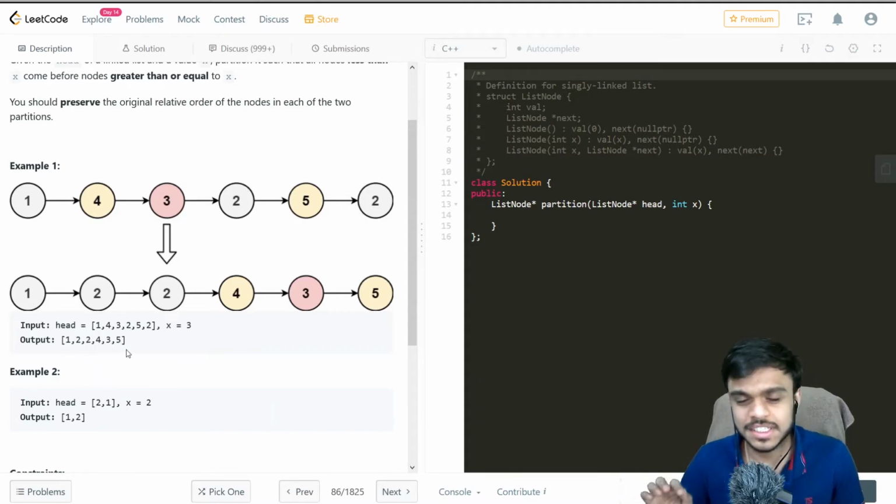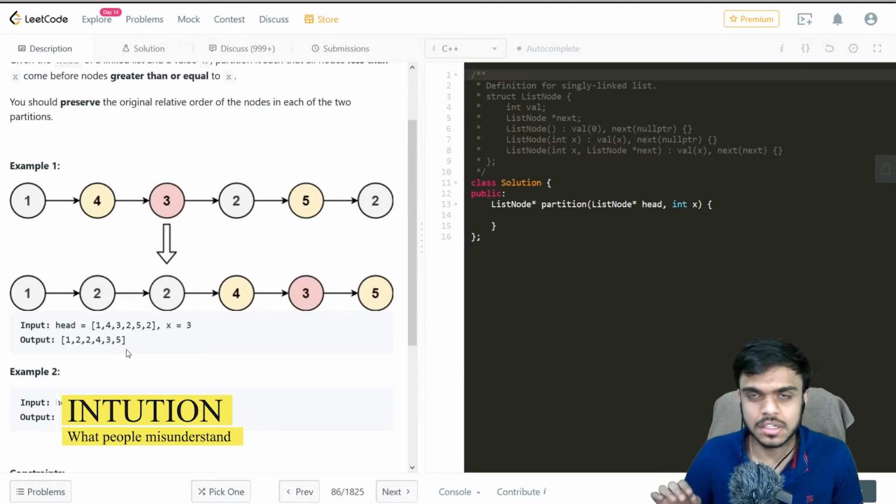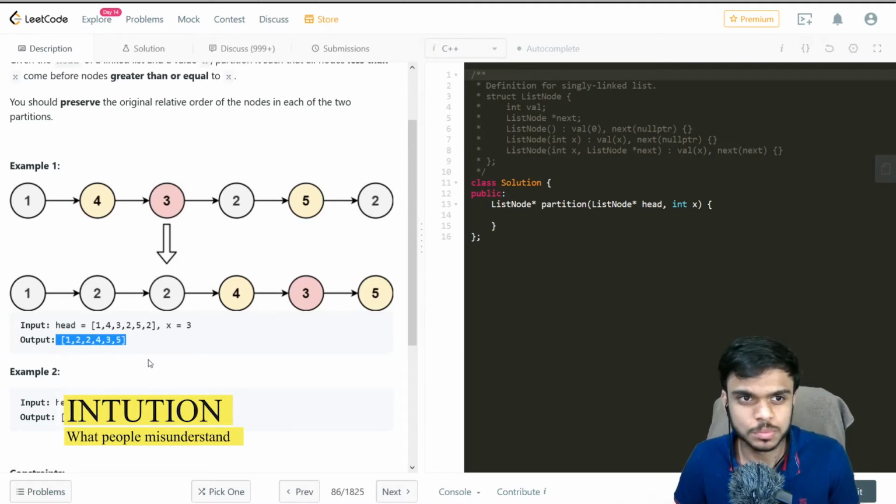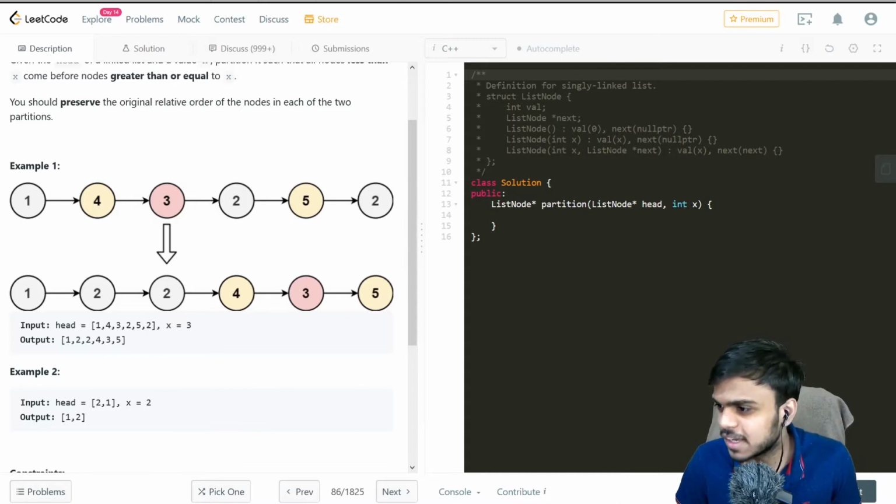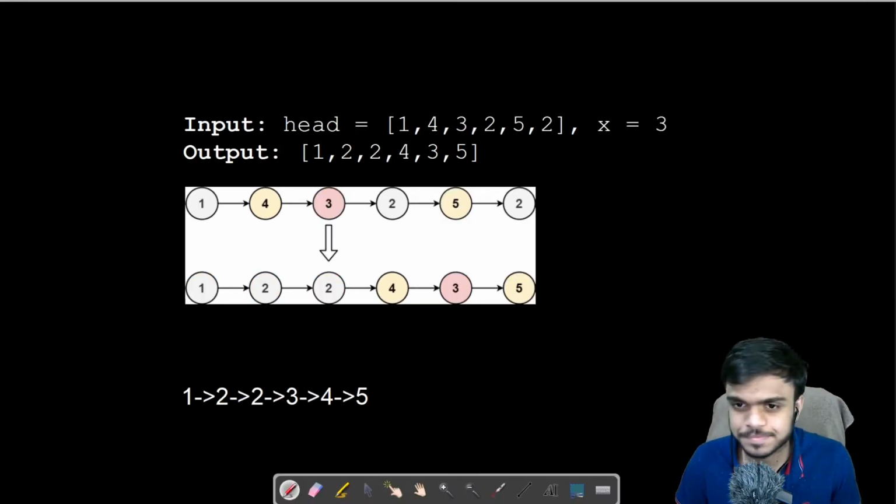Now, one interesting thing that happens here is quite a lot of people think that this output is a wrong output. What people think is, if you take a look at this, this is the same linked list, the x is 3, and the expected output is this.